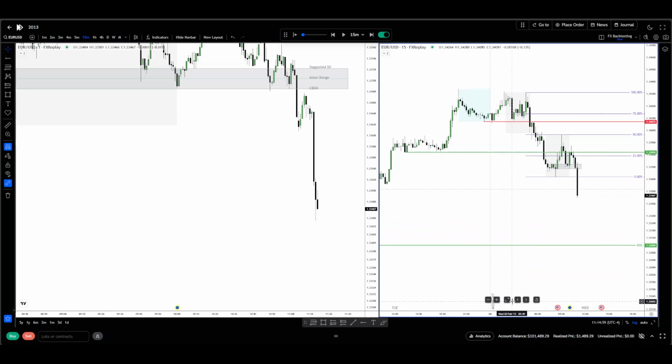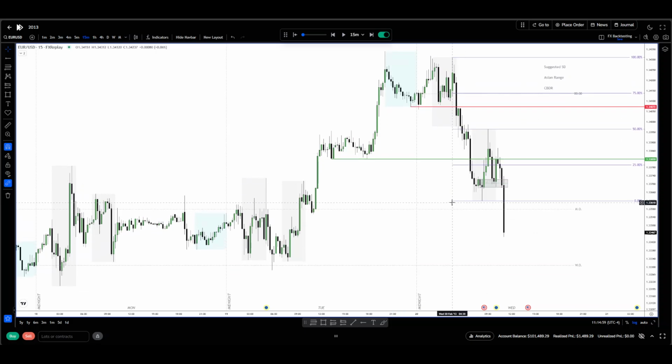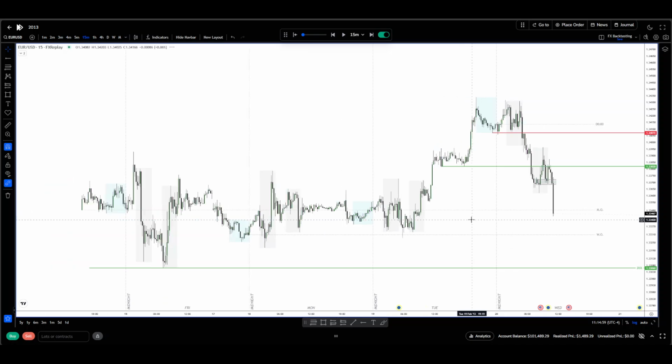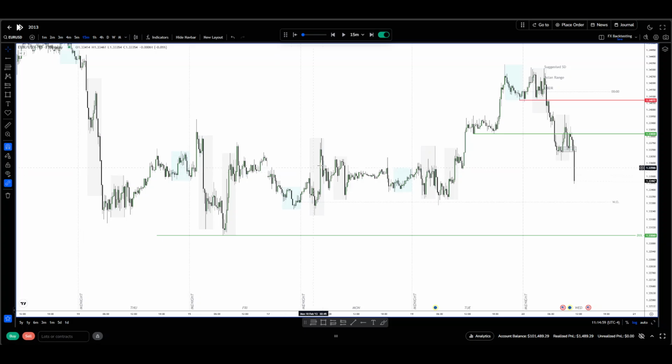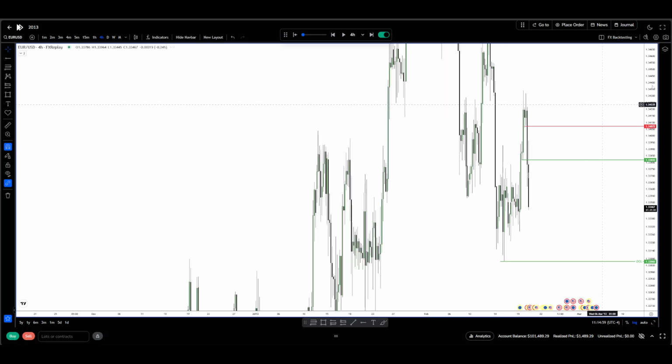So let's see where we are in terms of price. We had this big consolidation for 1.5 days. So obviously this was a fake move to the upside, so maybe we can see it more clearly in the 4 hour.